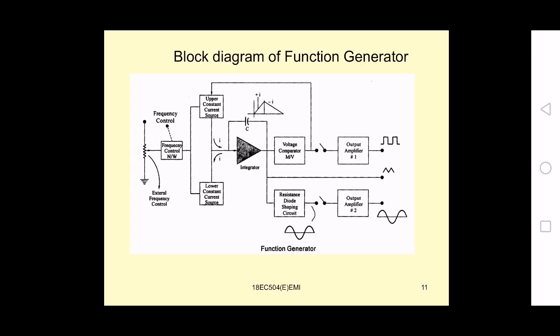So when it changes state at the integrator output voltage, it will cut off the upper constant current source. Whenever the voltage comparator multivibrator changes its state, it cuts off the upper constant current source to the integrator and switches on the lower constant current source.